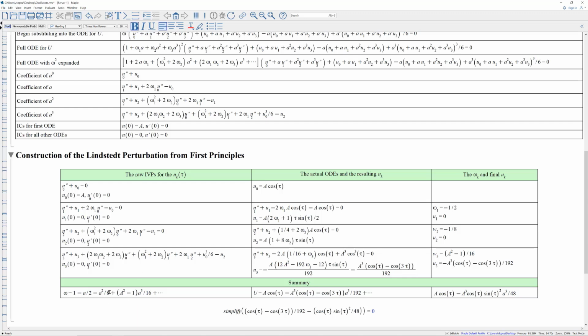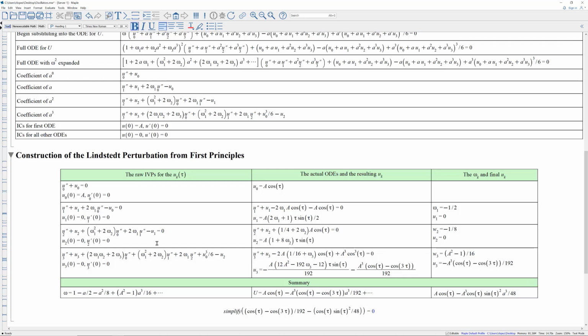Here is the expression for omega, and you can see the minus a half showing up here. The a squared term, well, there's u0 in it and u1 in it, and omega 1 is in it.